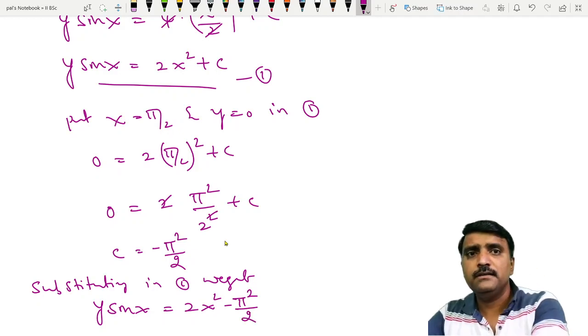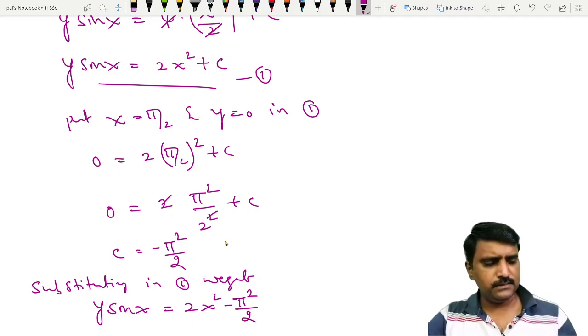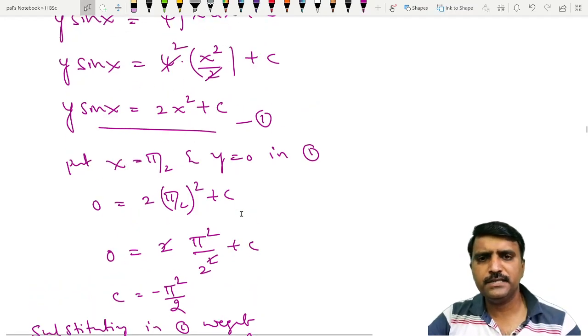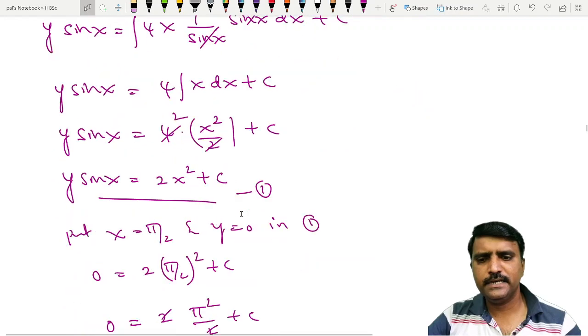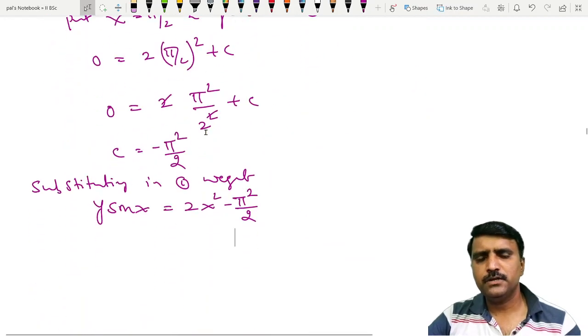This is the solution. Sometimes the initial conditions are given. So if the initial condition is given, you apply the conditions, find the value of c, and then replace the value of c.